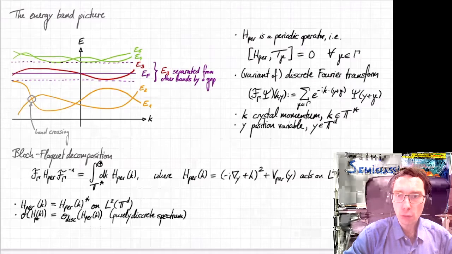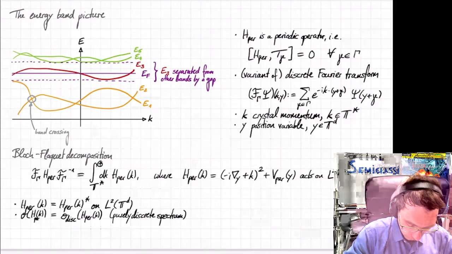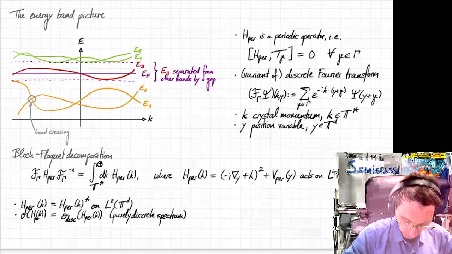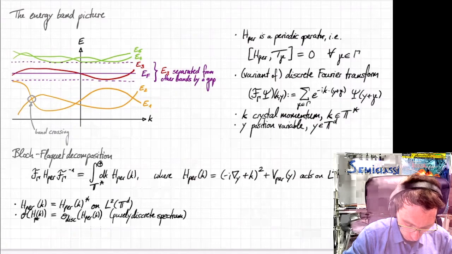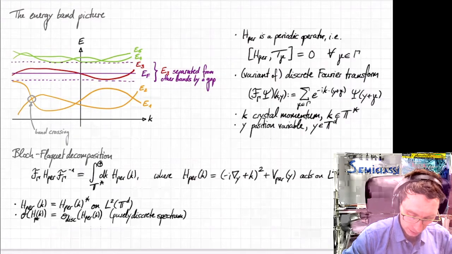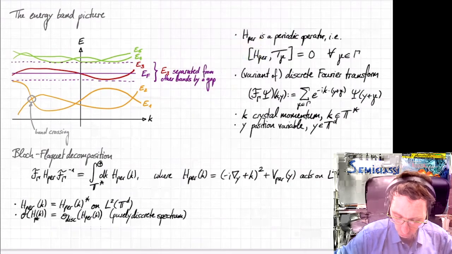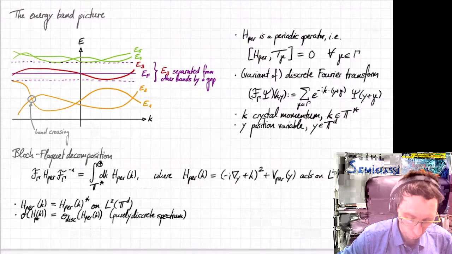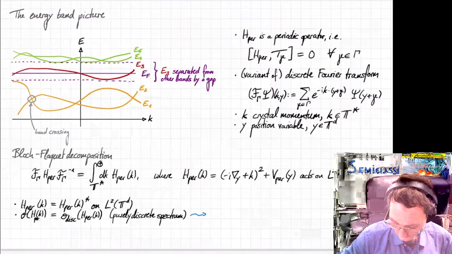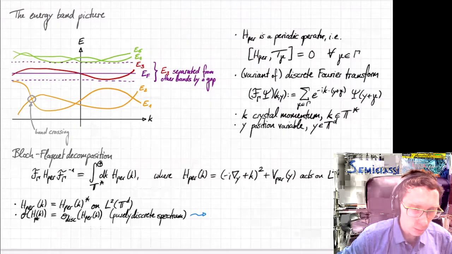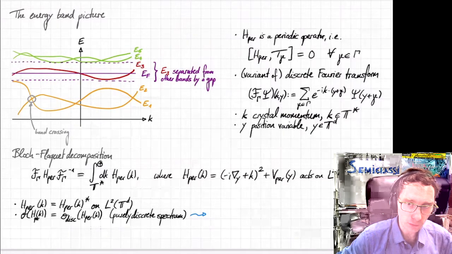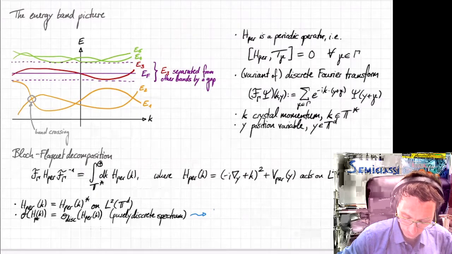And importantly, because the spectrum is purely discrete, this gives rise to the so-called Bloch functions. So the Bloch functions are just the eigenfunctions enumerated by magnitude.